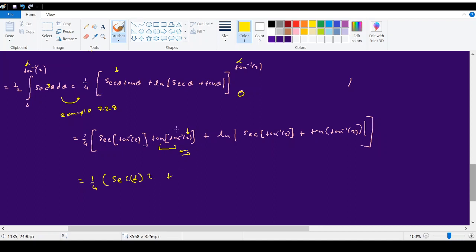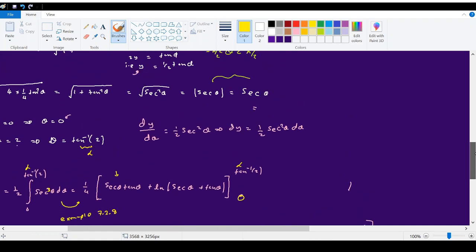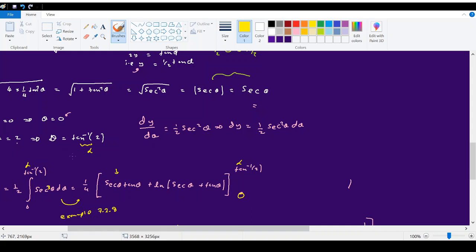And basically if you just represent it as alpha, from this equation also you can see the same result. See, we have represented tan inverse 2 as alpha. In other words, alpha is equal to tan inverse 2, so if we take tan to this side, 2 is equal to tan alpha, right?